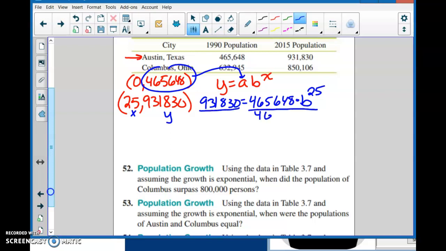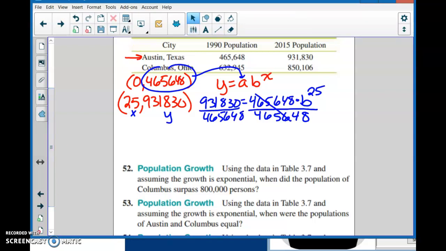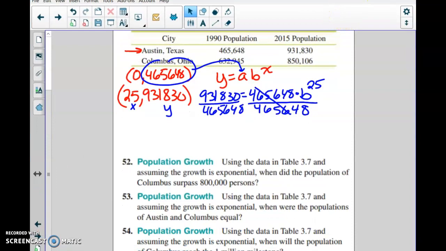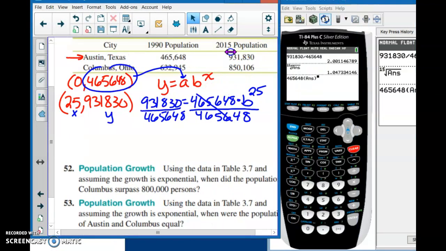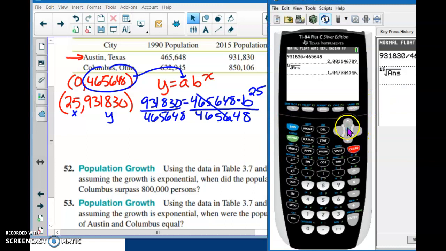Now I'm ready to solve. The first step is to divide both sides by this coefficient. And I get a number. So I'm just going to take out my calculator. Don't mind all the wrong work in it, because remember I thought it was 15 for some reason. But I do have that number, because that was still going to be the same.